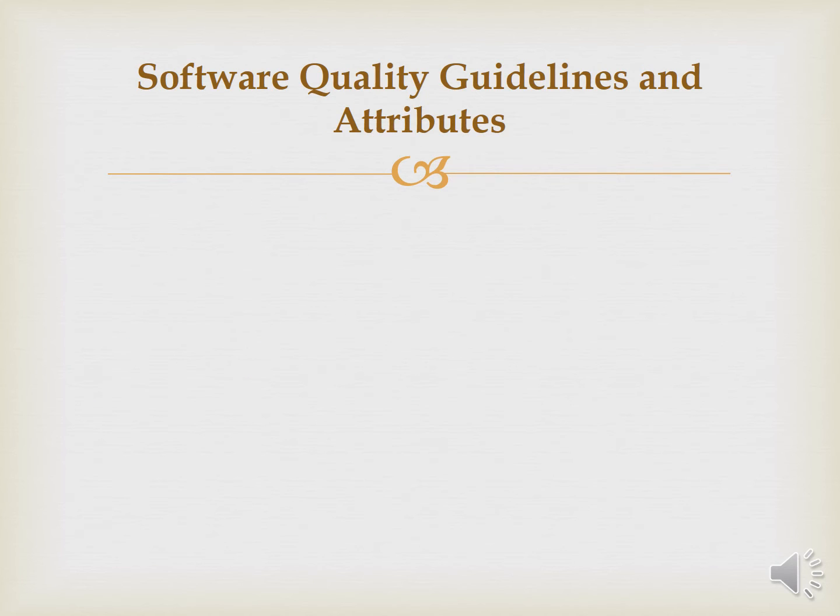Now, let us see software quality guidelines and attributes. McGlaughlin suggests three characteristics that serve as a guide for evaluation of a good design.